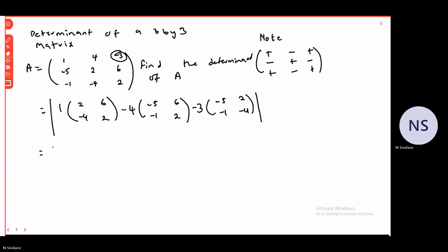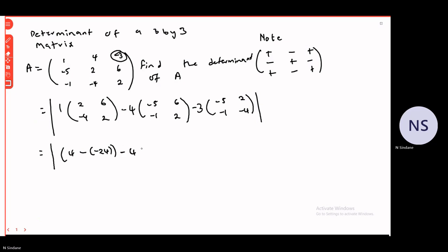So in this case, now when I simplify, 2 multiplied by 2 is going to be 4, minus into minus 4 into 6 is going to be minus 24. Right?